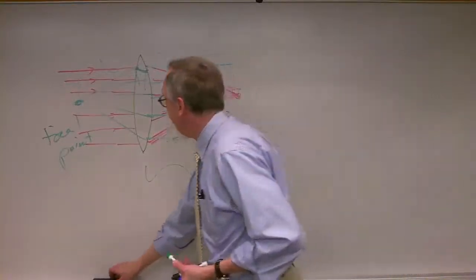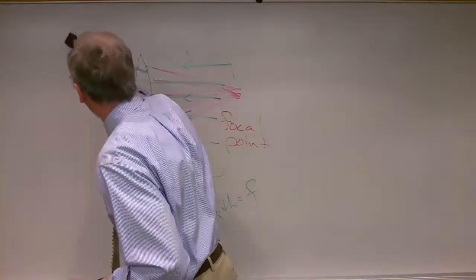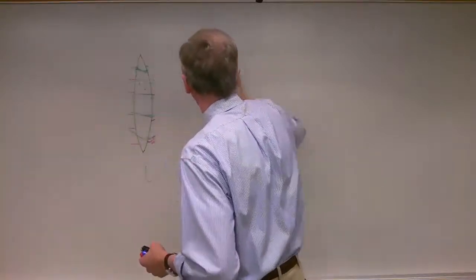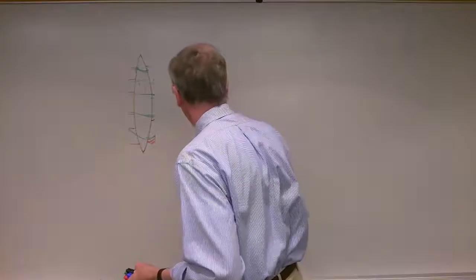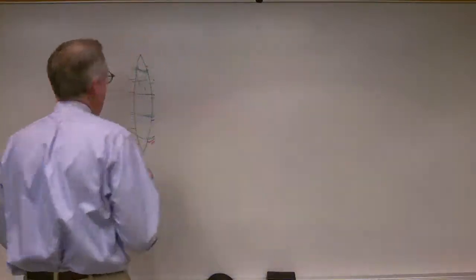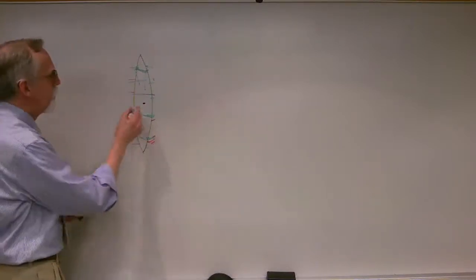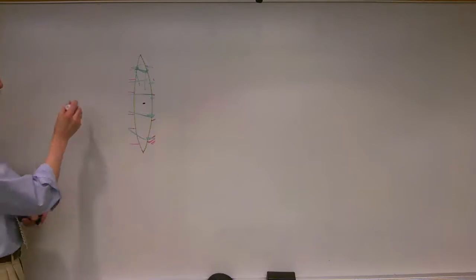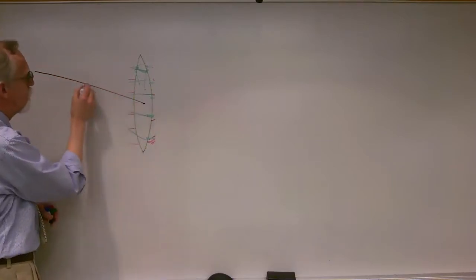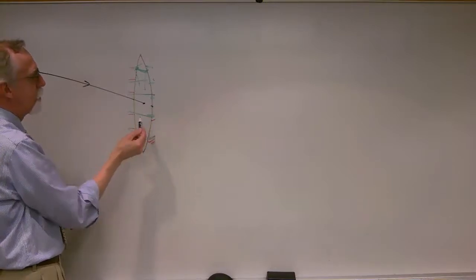There's one more ray I want to mention here, and that is what happens to a ray that passes through the center of the lens, the very central point of the lens. A ray that comes in here will be refracted at this surface, refracted at this surface.